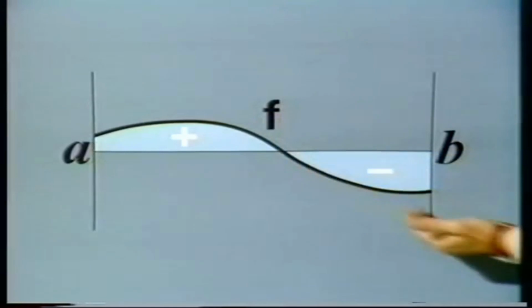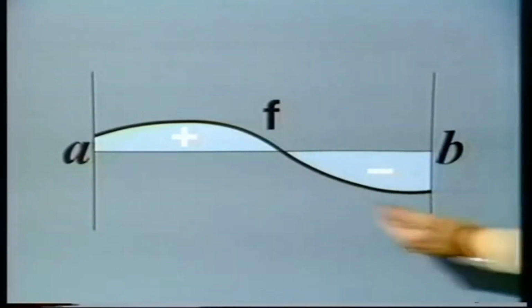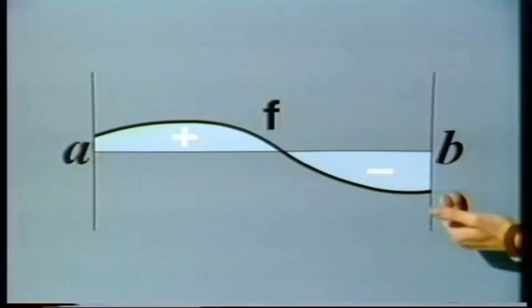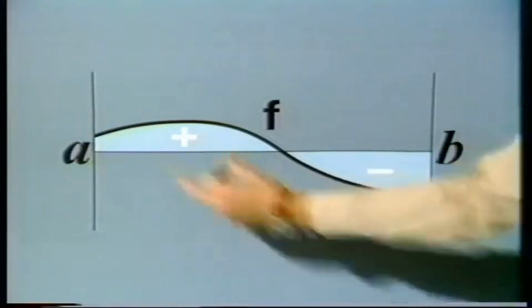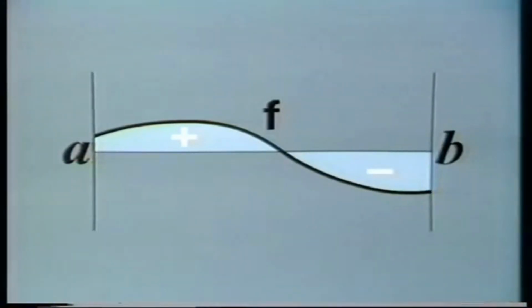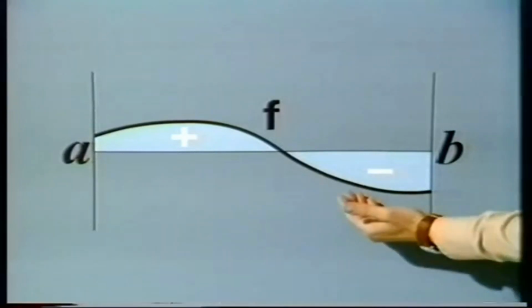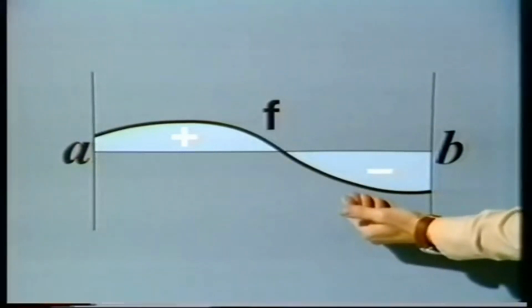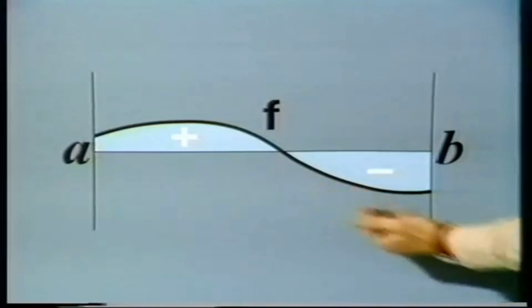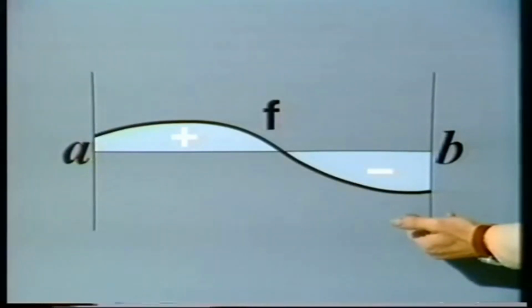This function has its graph dipping below the axis, and the region associated with the interval AB consists of a part above the axis and a part below. Well, now I have a slight problem as to how to interpret this region corresponding to the part below the axis, where the function f takes negative values.